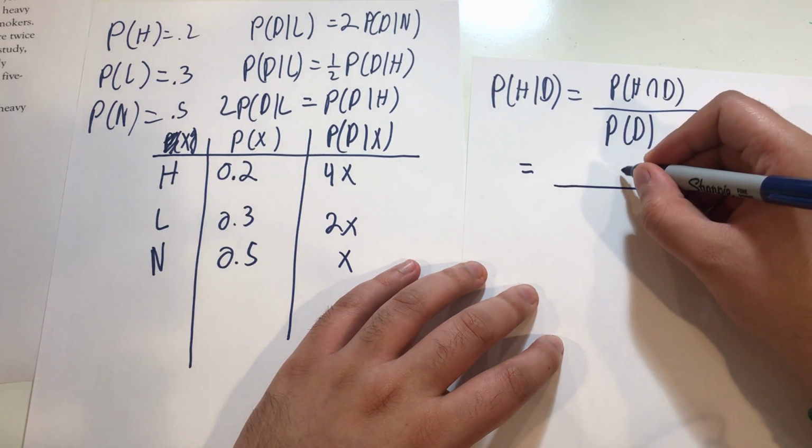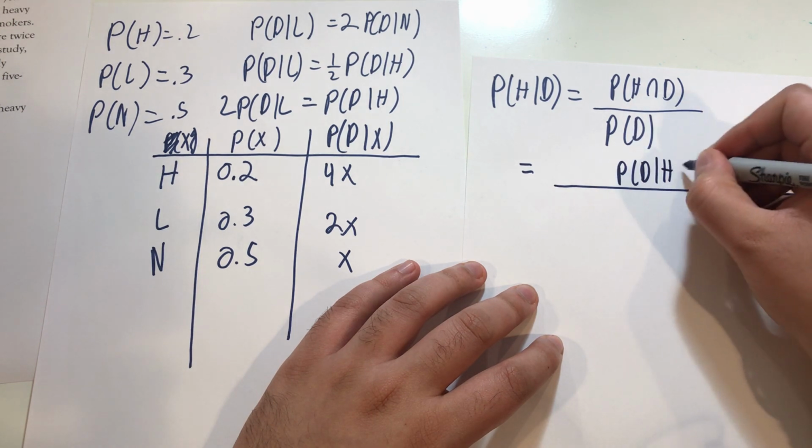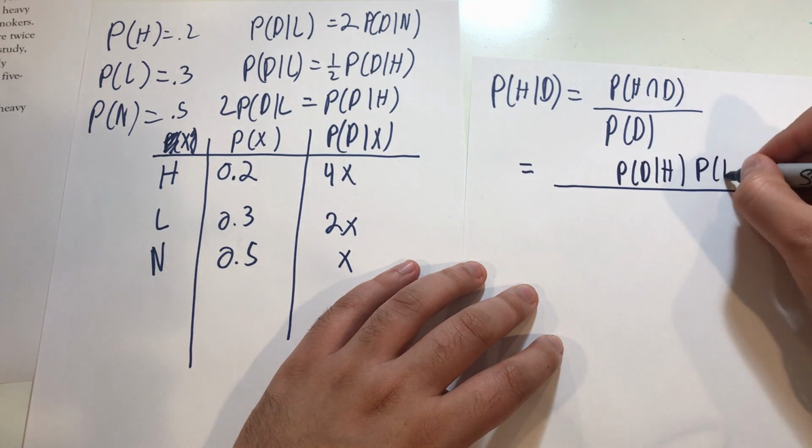So this is going to be equal to the probability of dying given you're a heavy smoker times the probability of being a heavy smoker.